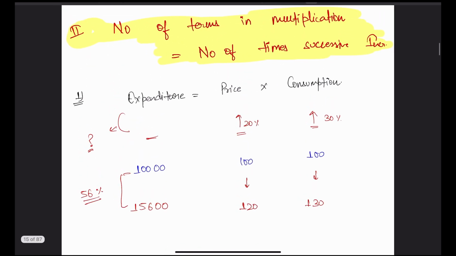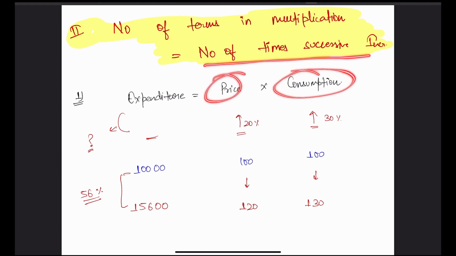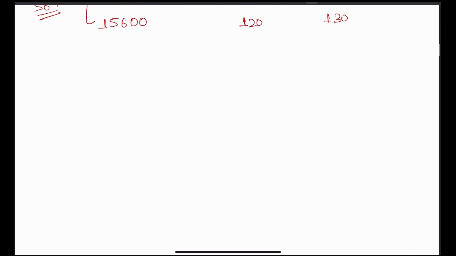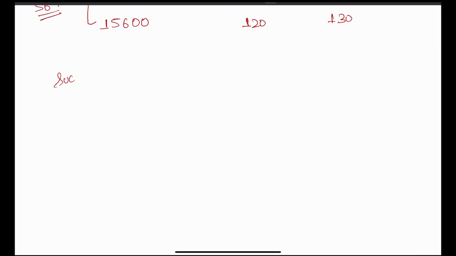Or, if you just read the number of terms in the multiplication, it is equal to the number of times of successive increase. So what does successive increase mean? Suppose I take just 100 and then increase it by 20%, so it will be 120.